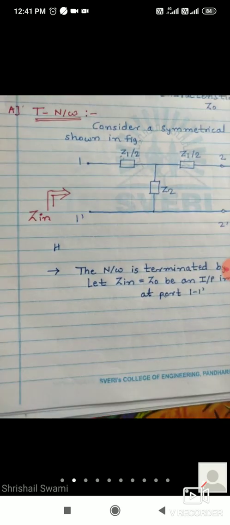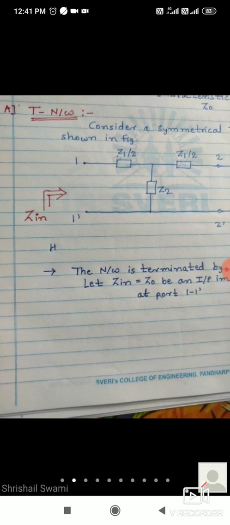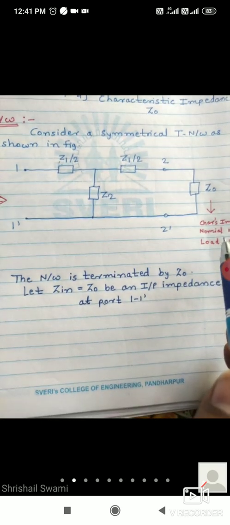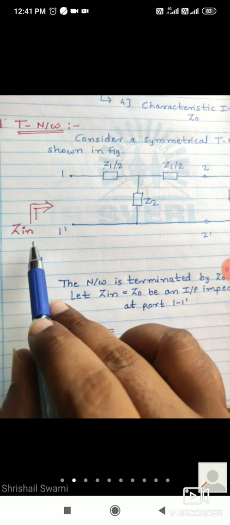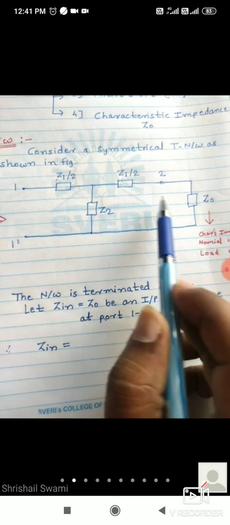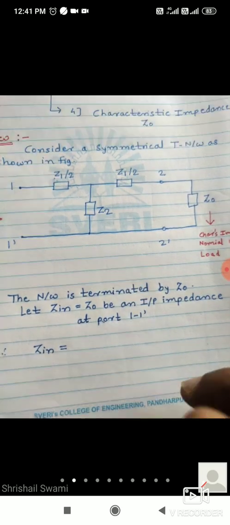So Zin is actually what? We are calculating the input impedance, so we can assume that Zin is equal to the characteristic impedance. Let Zin equal Z0. First of all, what will be the equation for Zin? Z0 and Z1 by 2, are these two connected in series or parallel?